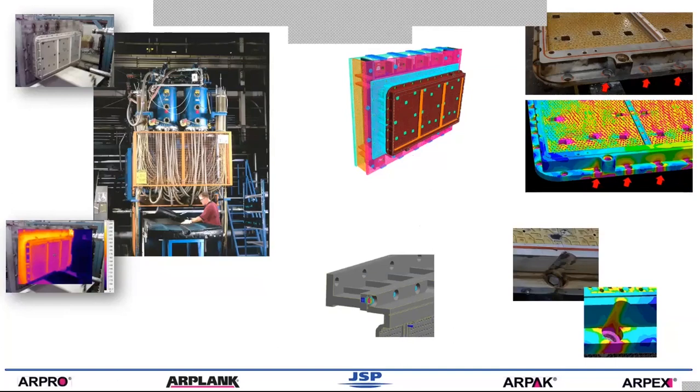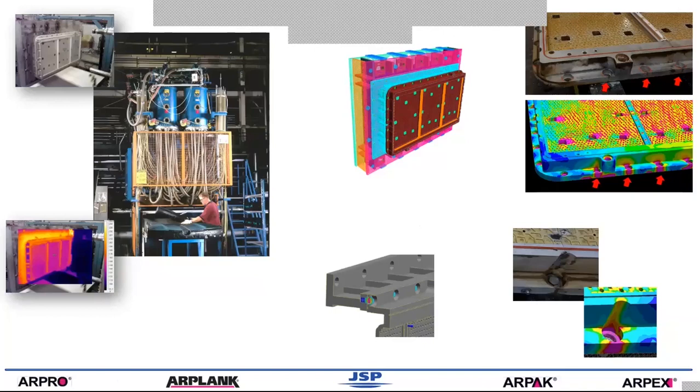So we can actually run analysis on the tool to predict if there are any issues with the tool, the stress, thermal analysis, and those sorts of things. You can imagine the window is about 8 feet by 4.5 feet. So it's a gigantic model to run different kinds of analysis.